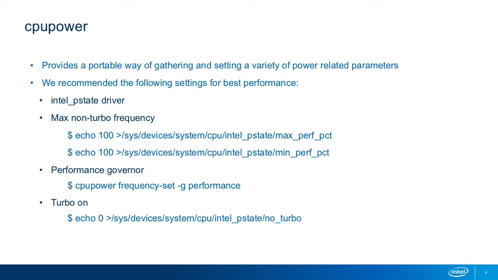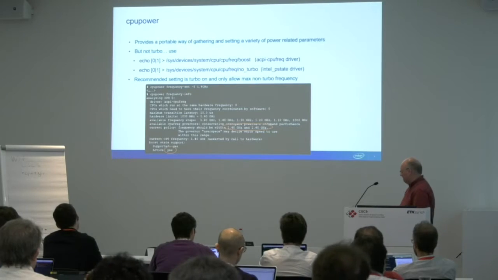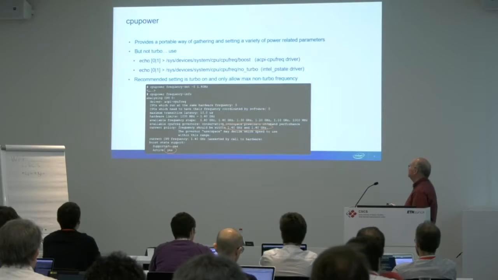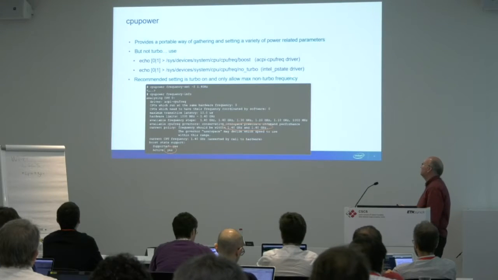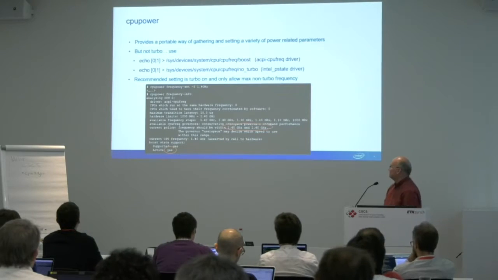So you just have 1.4 gigahertz available. This is probably for the performance the best, but I don't know what our friends from Green Computing say to this. So you're just using the max frequency here. And here are two settings for system administrators to change the turbo state and the frequency.